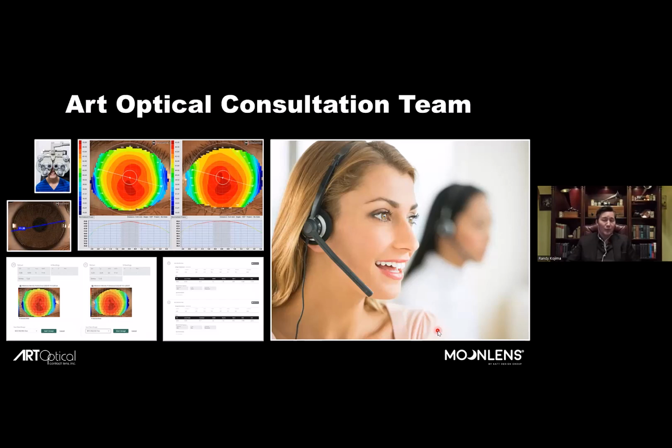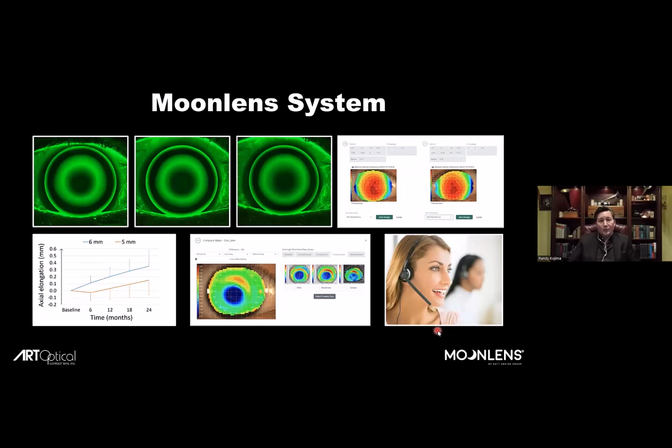That will really help. So hopefully this has made some sense to you that it's kind of an exciting time in orthokeratology because we don't have to be satisfied with 50% less eye growth. We can slow down the eye even more. With a design like the moon lens, we might be able to get upwards of almost 80% less eye growth.